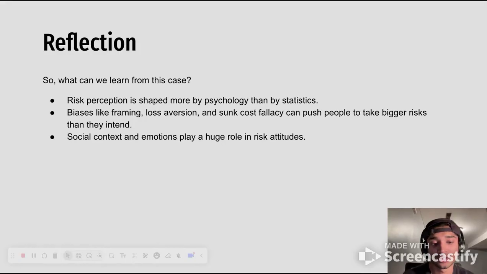For managers, the key takeaway is to recognize when risk taking is being driven by biases instead of rational analysis. A practical strategy is to set exit rules, like deciding in advance when to cut losses, and then stick with them. That way, emotions and sunk costs don't drag you further into risky decisions.